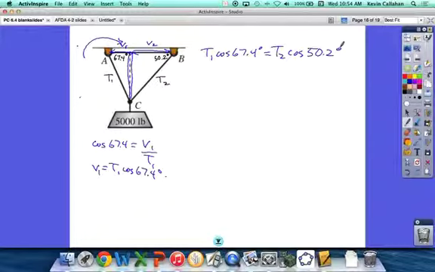This one is going to be the sine, because it's opposite. I probably should have labeled these differently, but this one here is going to end up being T1 sine 67.4. Right, that's this component right here, because sine of 67.4 equals this divided by this. And then if we add T2 times the sine of 50.2, that's 5,000.